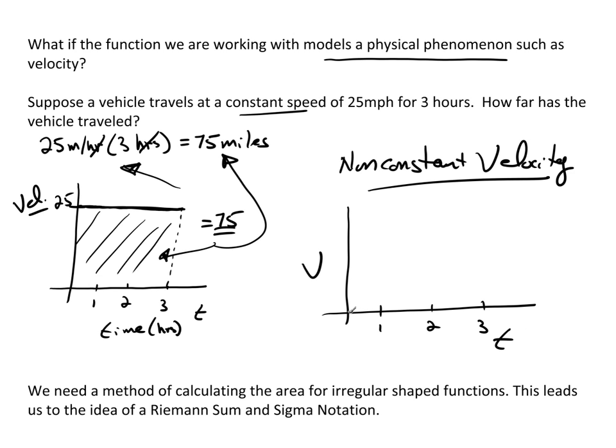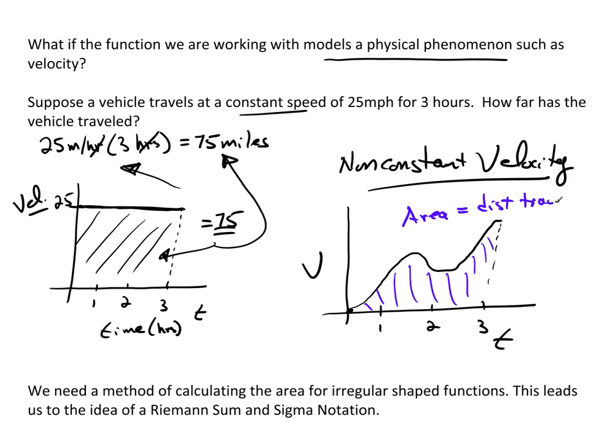And perhaps my velocity started at 0, and I accelerated up and slowed down, went constant for a while, accelerated, and then leveled off again at the very end. Again, if I can find this area, it's going to equal the distance traveled.